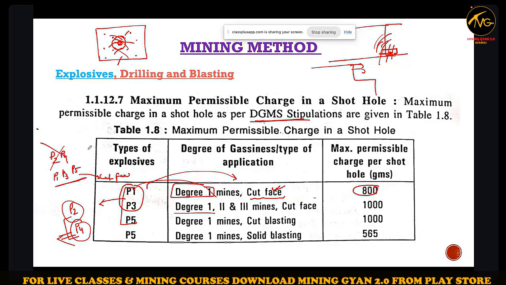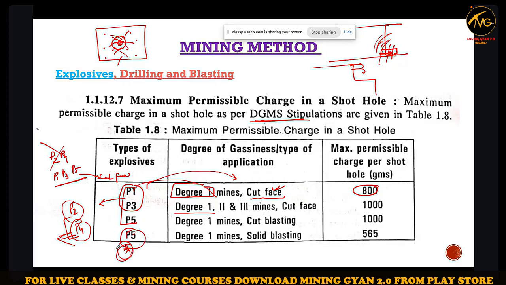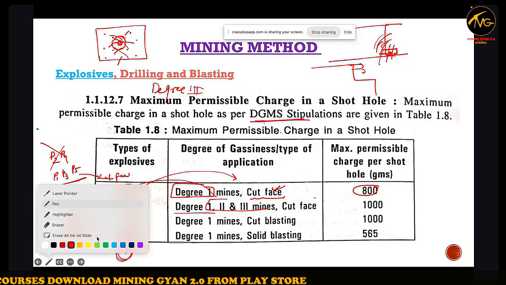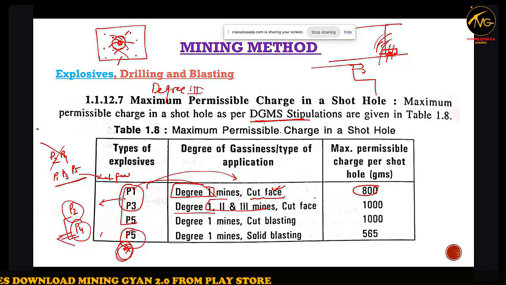But for solid blasting we use P5, so you should know this one. Or you should also know if they ask that in degree 3 which type of explosive you need, so you know degree 1, degree 2, degree 3, we need P3.